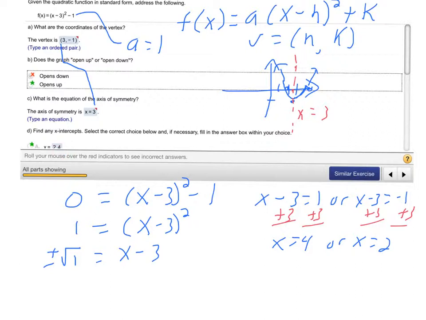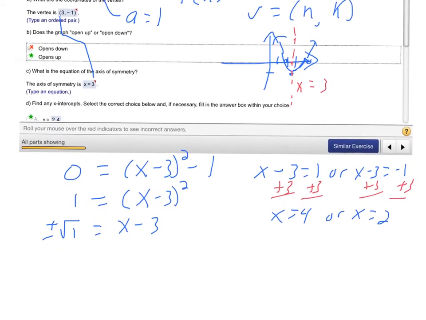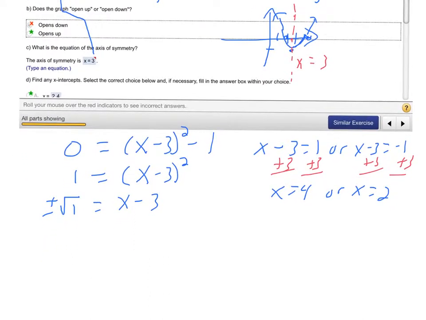The next part, I've got it up here on the screen. The next part asks for the y-intercept, where it crosses the y-axis. Well, to find out where it crosses the y-axis, instead of letting y be 0, you let x be 0. So I need to go up there. If I move this up a little bit further, I'm going to lose the graph there, but I have the equation.